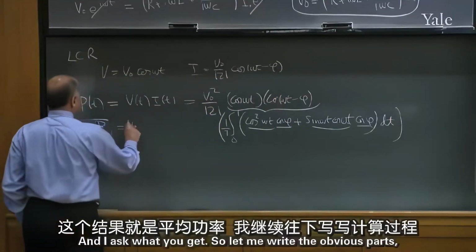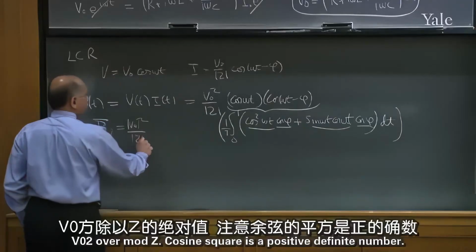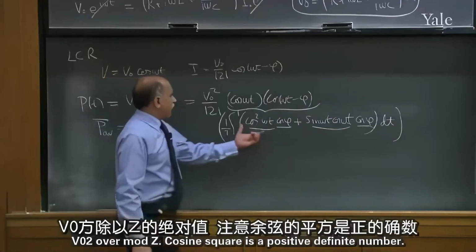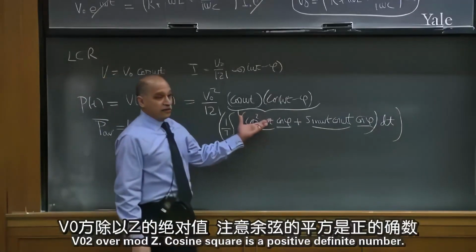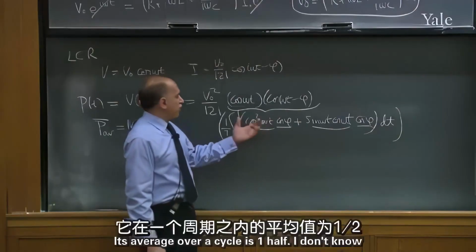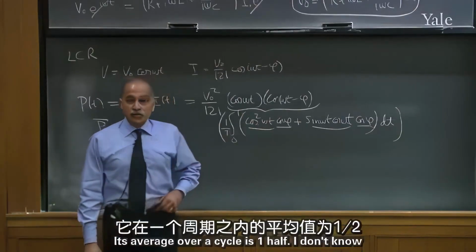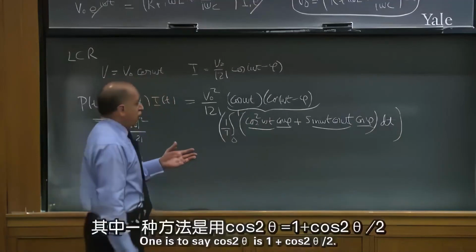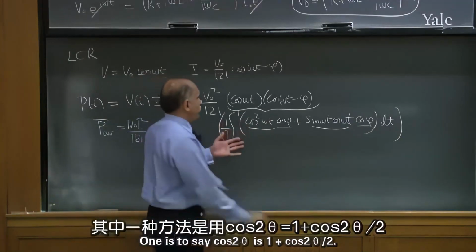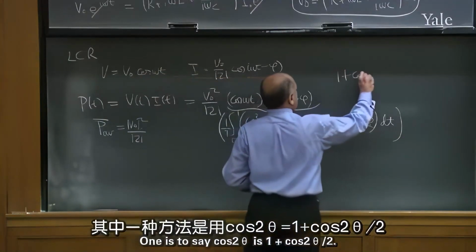So let me write the obvious parts, V0 squared over mod Z. Cosine squared is a positive definite number. Its average over a cycle is 1/2. One way to show this is to say cosine squared theta is 1 plus cosine 2 theta over 2.